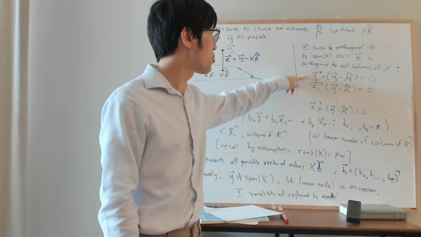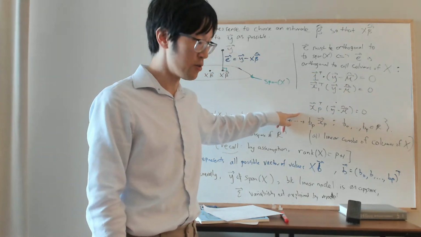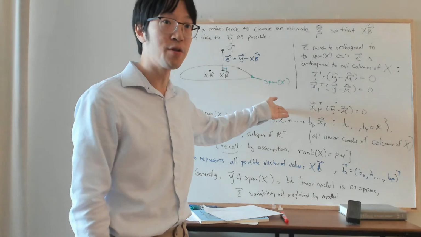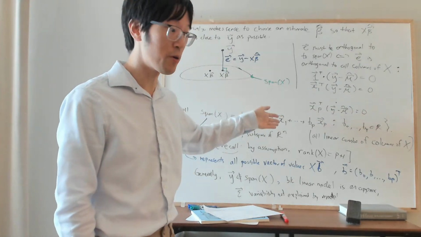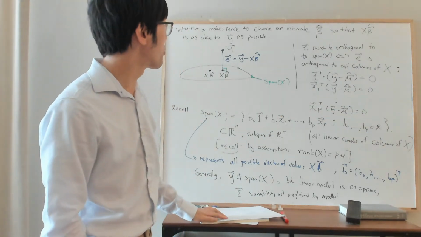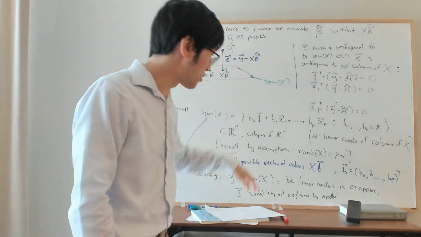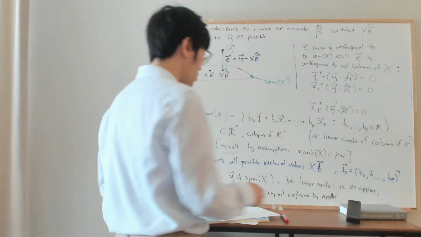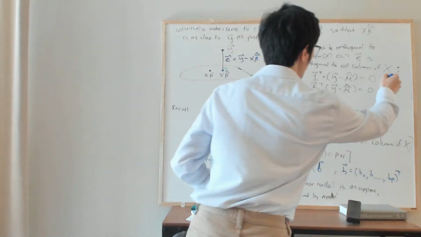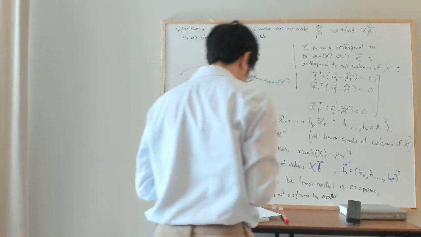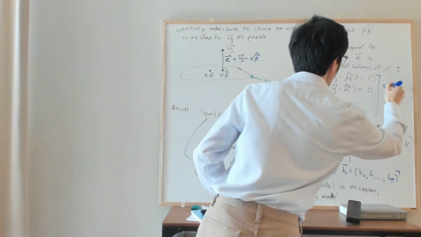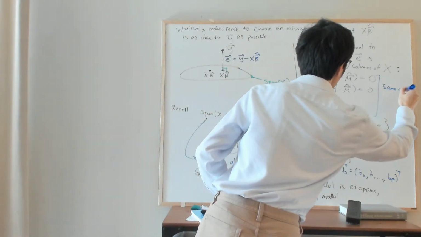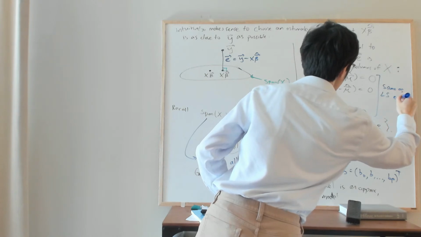Now you have p plus 1 orthogonality conditions, and these are equivalent to the p plus 1 least squares equations that we had when we were solving for the least squares estimates of beta. So that's the connection to what we've done so far. These are the same as the least squares equations.